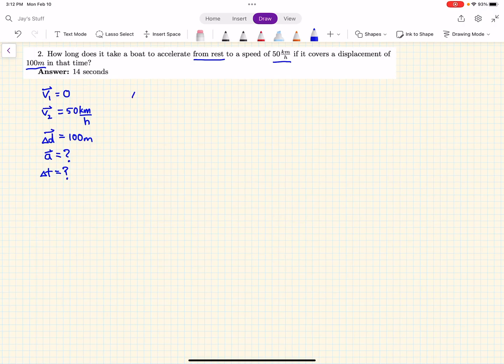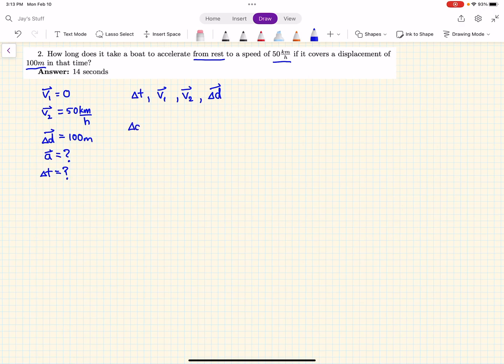So we want to look at our equations and find one that has delta T and then the other things that we know. So here we know V1, we know V2, and we know delta D.